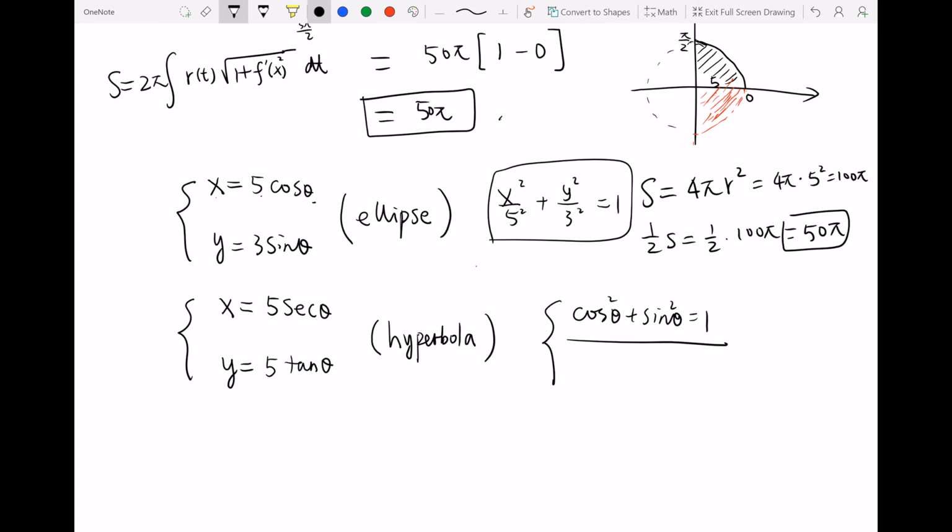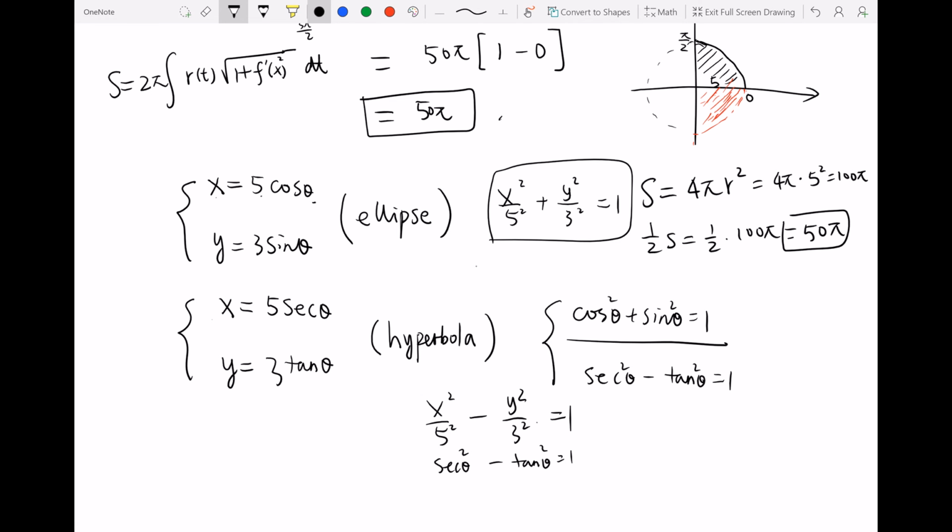For this one you use secant theta squared minus tan theta squared equals 1. So secant theta squared is x over 5 squared, minus, you don't have to use the 5, you can change this into 3, that's fine too, y squared over 3 squared equals 1. Since x over 5 gives you secant theta squared, this one gives you minus tan theta squared equals 1.